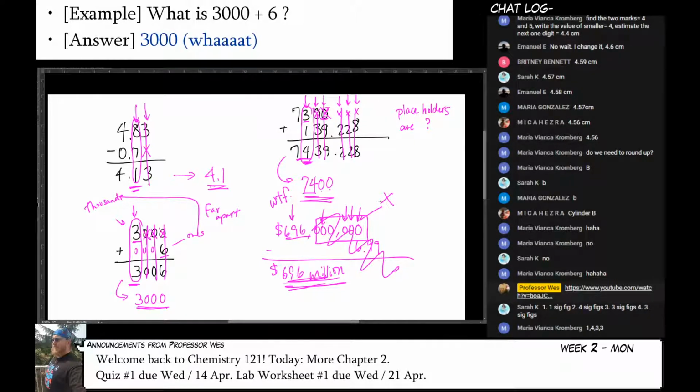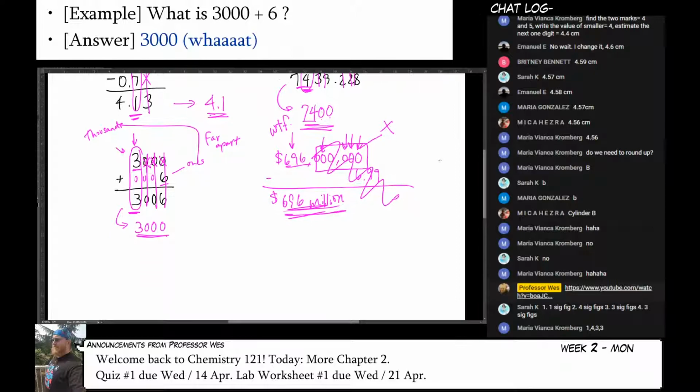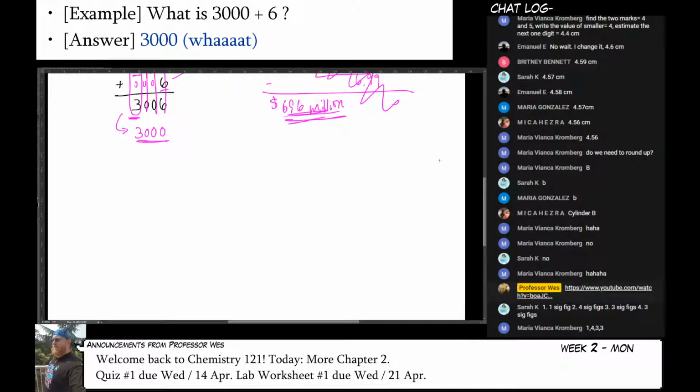So if you have numbers that are really far apart in magnitude, you get odd results like this, where the next number doesn't change the first number. We can show that even in a picture. So let's suppose that you have a jelly bean factory, and the jelly beans are measured, and I'm not going to draw all these jelly beans in here, but there's my thing. And they're measured in the tens of thousands.